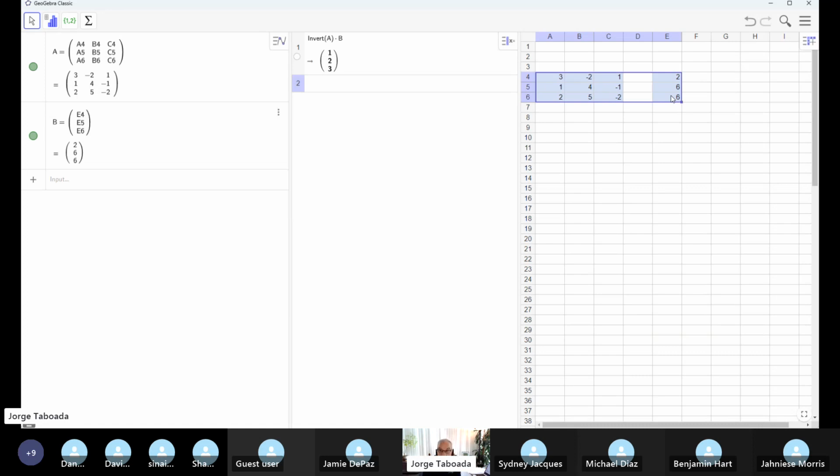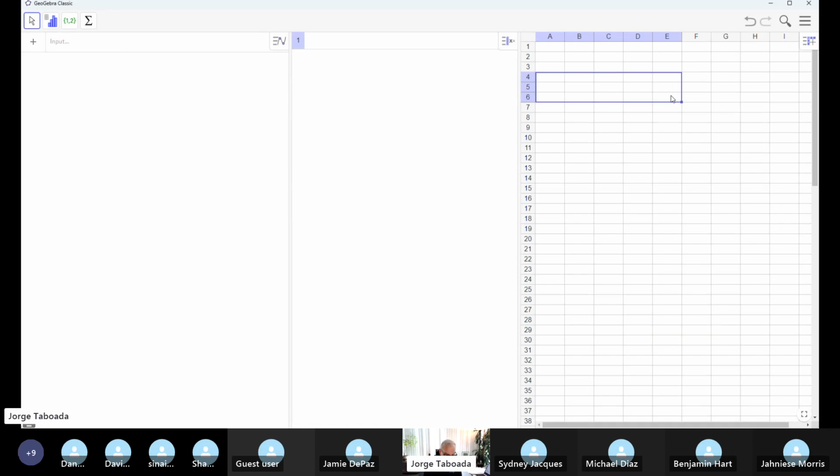You delete that part, get another problem, new calculator, and you type in the augmented matrix: 1, 1, 1, 10; 1, 1, negative 1, 14; 2, 2, 2, 12.